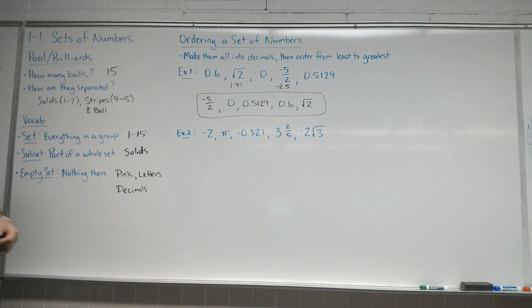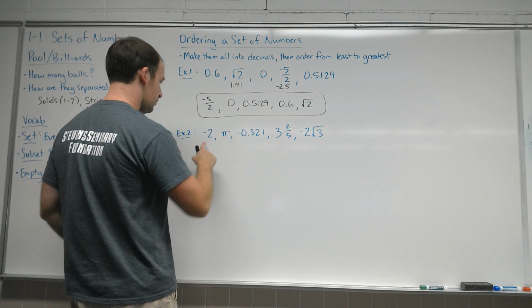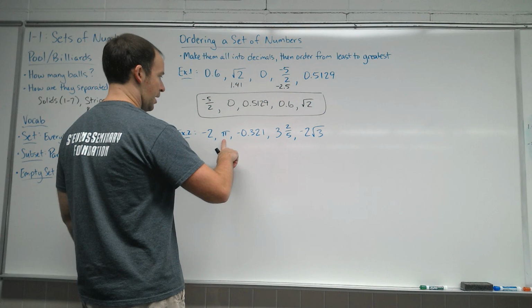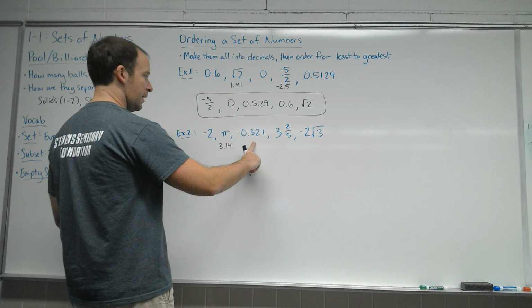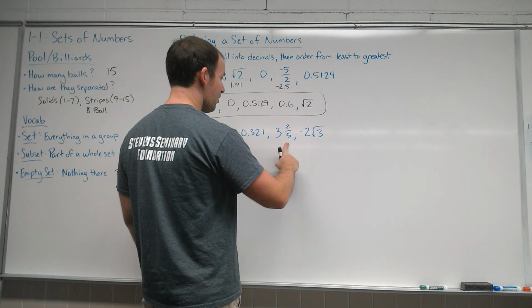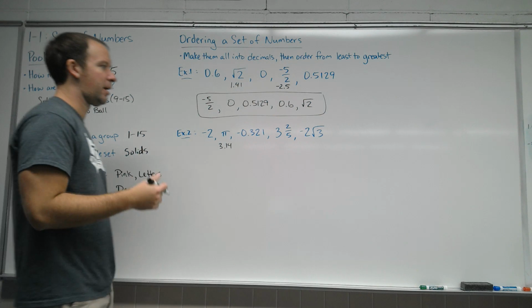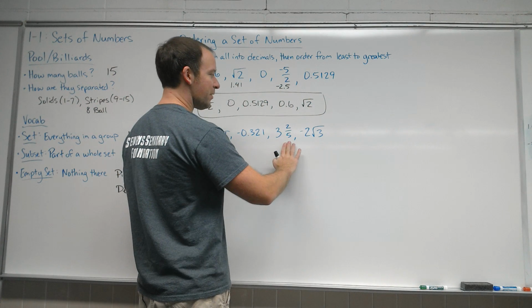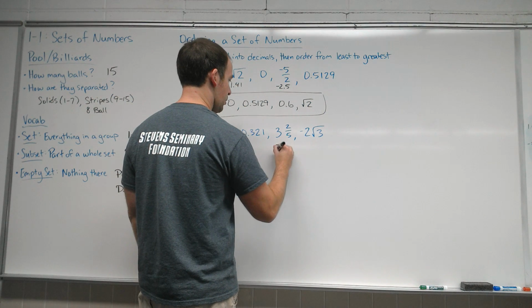So a little awkward. So again, put them all in the decimal form. So negative 2 is already a decimal. Pi is 3.14. That's already a decimal. 3 2/5. People have questions with how to do that with a calculator a lot of times. Just do the 2/5 because you already know it's 3 point something because 3 is the main number.